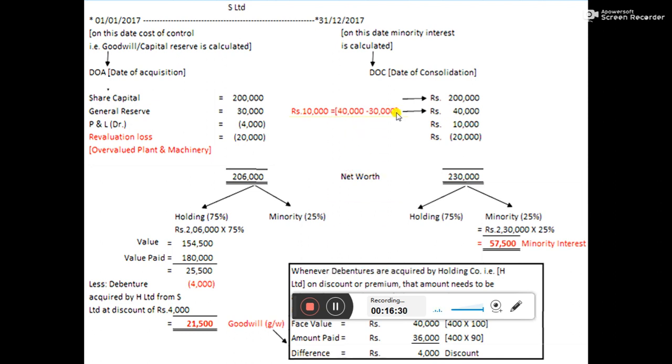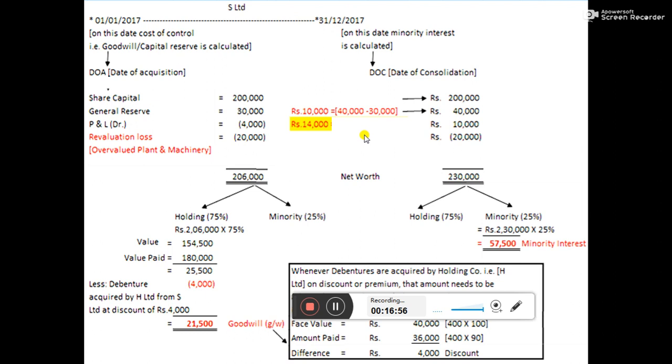That is 40,000 minus 30,000. Now we will see the profit and loss account. As on 1st January 2017, S Limited had a loss of 4,000. But at the end, on 31st December 2017, S Limited has a profit of 10,000 rupees. So in between, they have made a profit of 14,000.